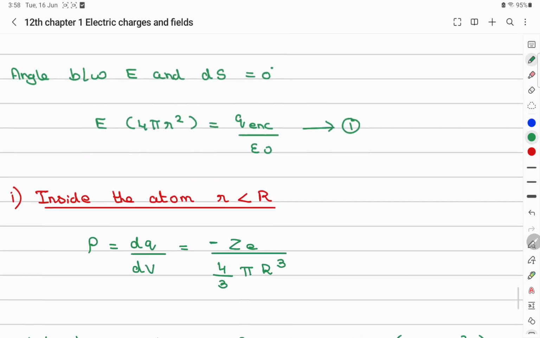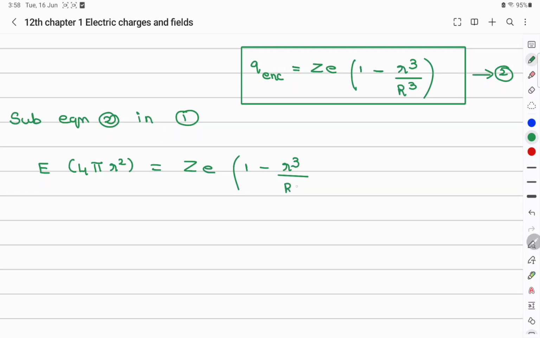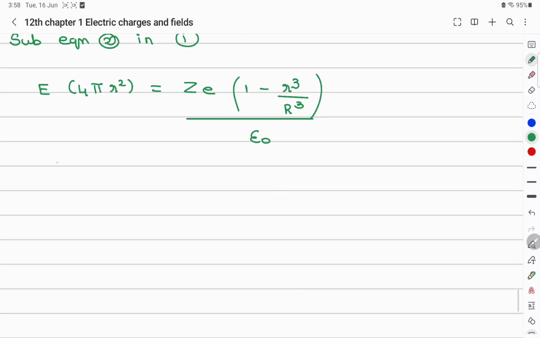Substituting equation 2 in 1, we will get E 4 pi r square, which is equal to Ze into 1 minus r cube by R cube, by epsilon naught, which can be written as E is equal to Ze by 4 pi epsilon naught into 1 by r square minus r by R cube.